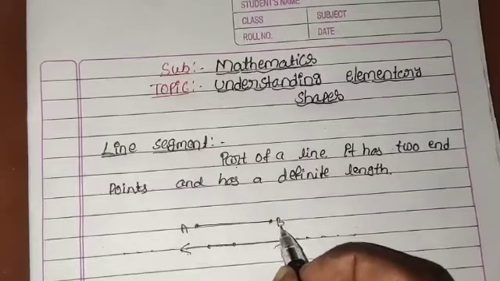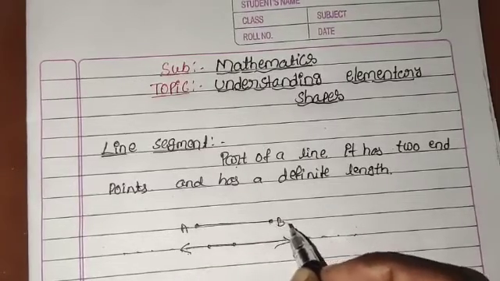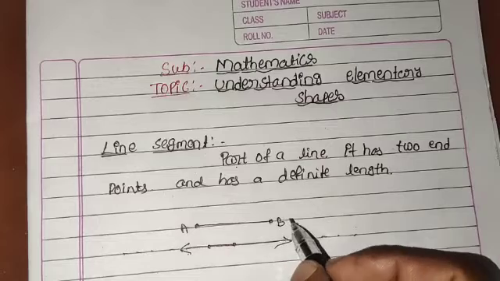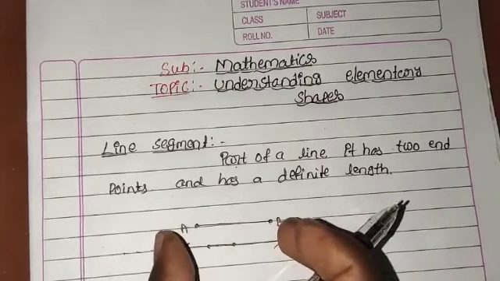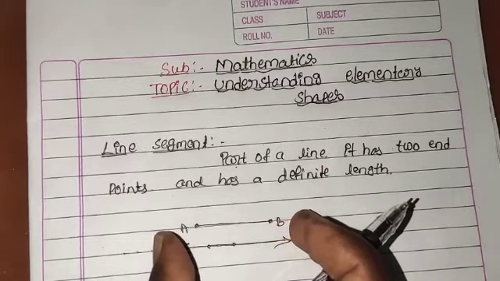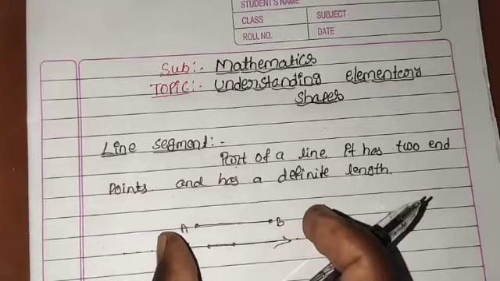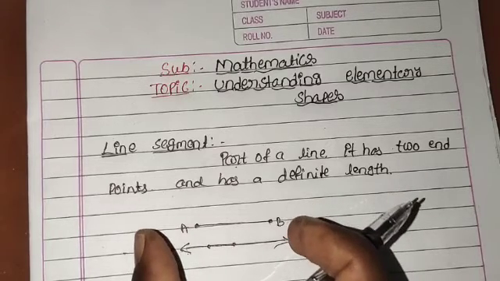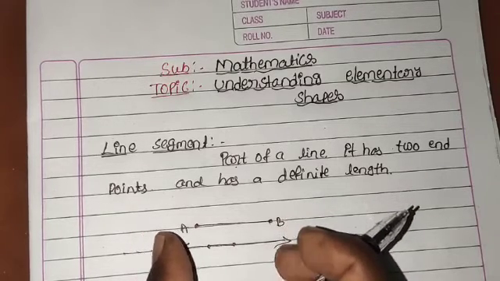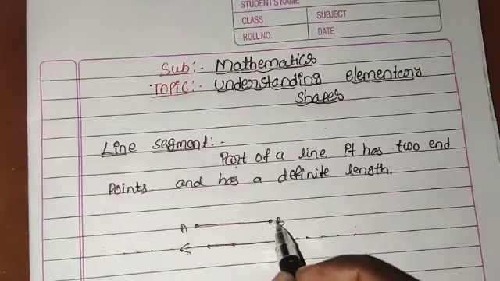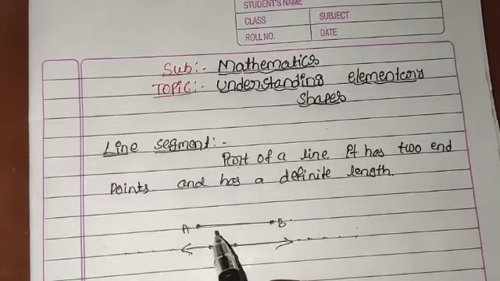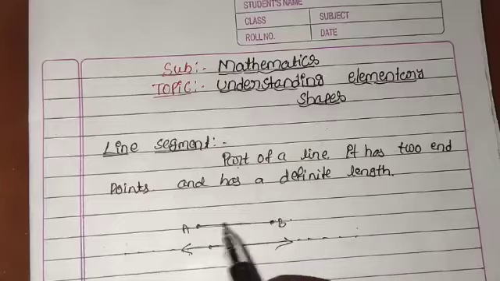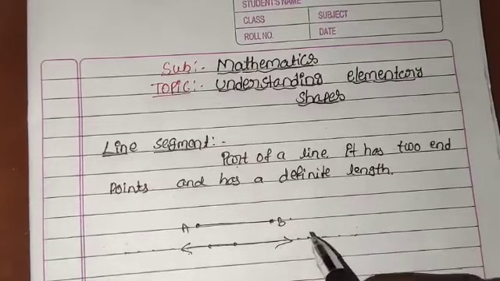It has two end points, these two are the end points, and it has a definite length. There is no width or thickness. And a line segment cannot be extended further, because it has end points.